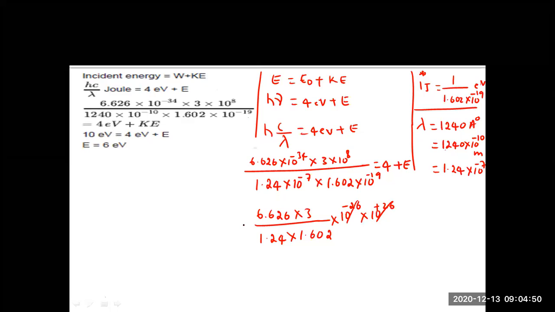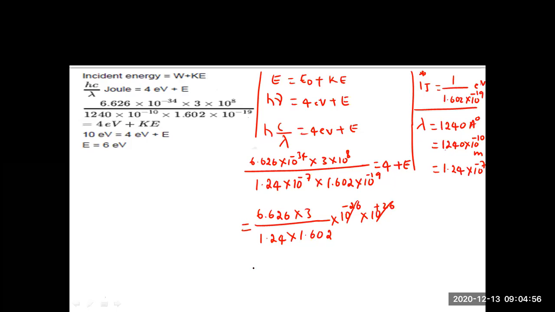So the ratio finally reduces to 6.626 into 3 divided by 1.24 into 1.6. Correct, no? So can you finally tell me how much this reduces to? It will exactly reduce to 10. Okay.